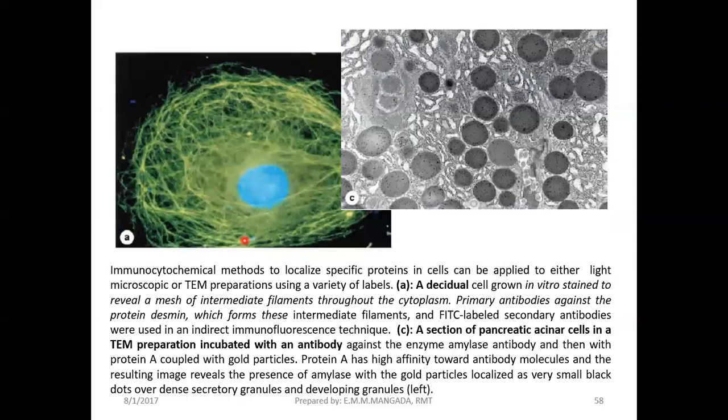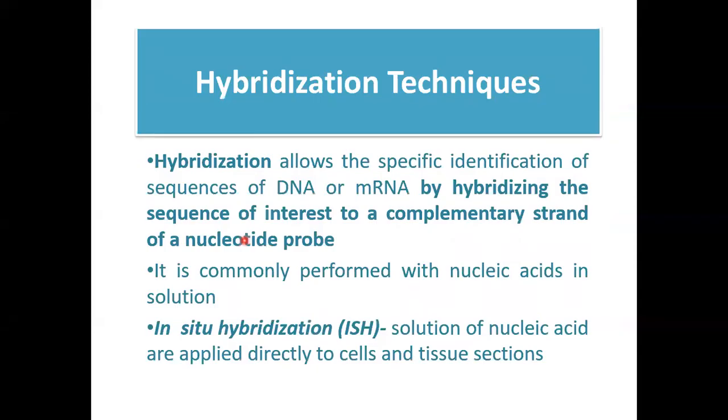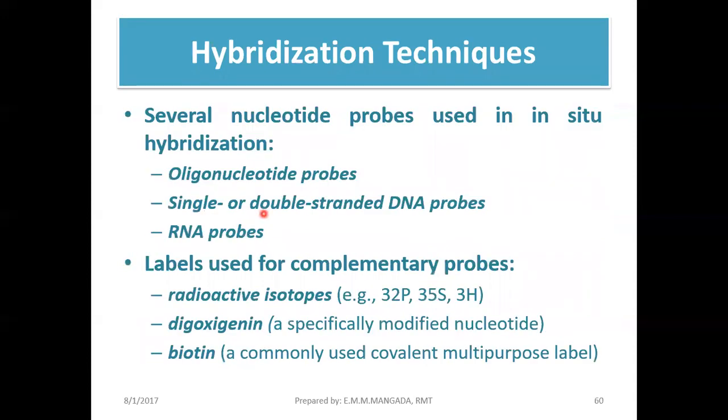And then finally, we have the hybridization technique, the use of probes to detect a target nucleic acid sequence. So we have the nucleic acid sequence probe that we use. They are labeled using what we call reporter molecules.